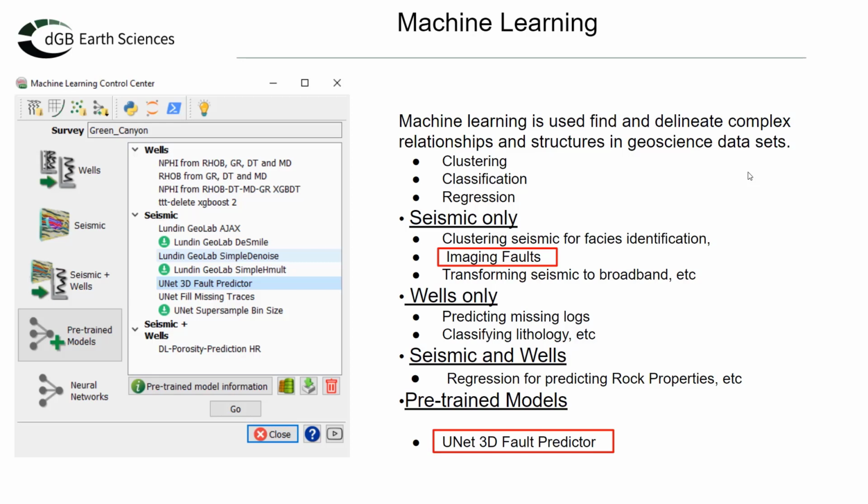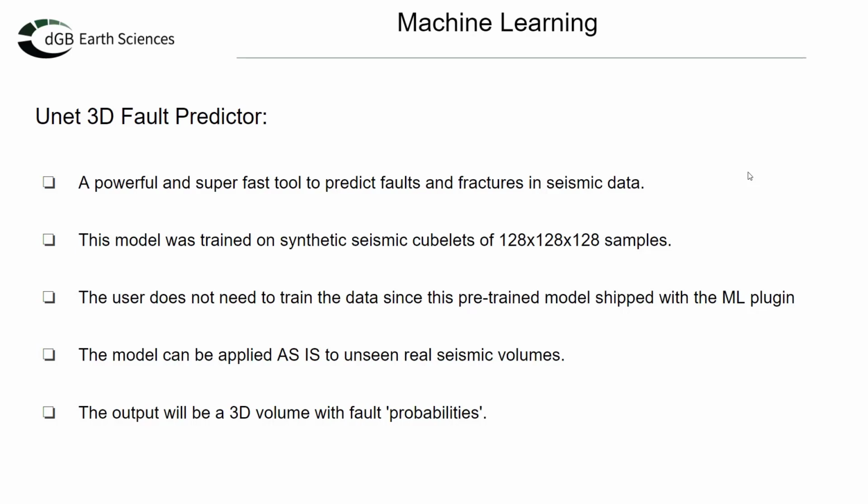And of course, here's the Unet 3D fault predictor. It's a model trained on simulated data and applied to unseen real data. Basically, it is a powerful, super fast tool that allows users to estimate and predict faults or fractures in their seismic data.